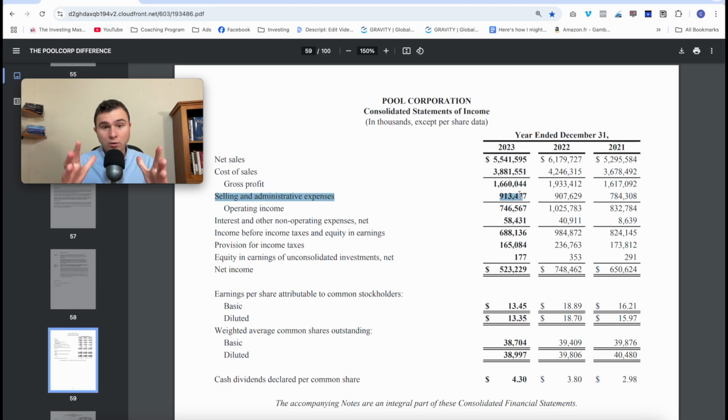They group all of this into SG&A and they have $900 million of costs, and you deduct this and you get your operating income, also called EBIT. Out of this operating income you can also calculate a margin, the EBIT margin, or operating margin. You take 700 million divided by the net sales, the revenue of 5 billion.